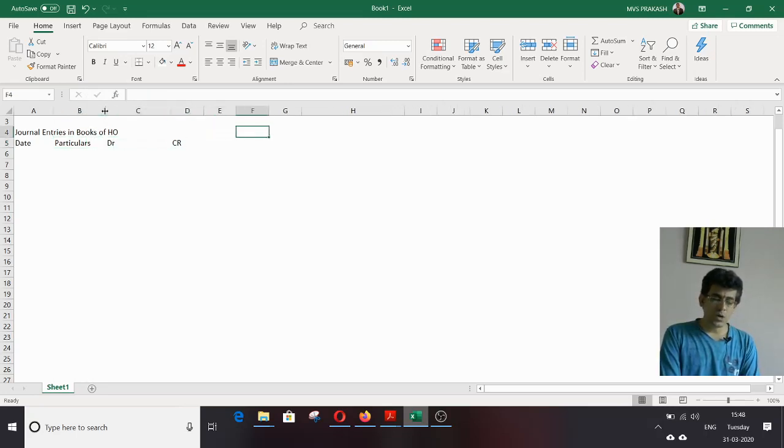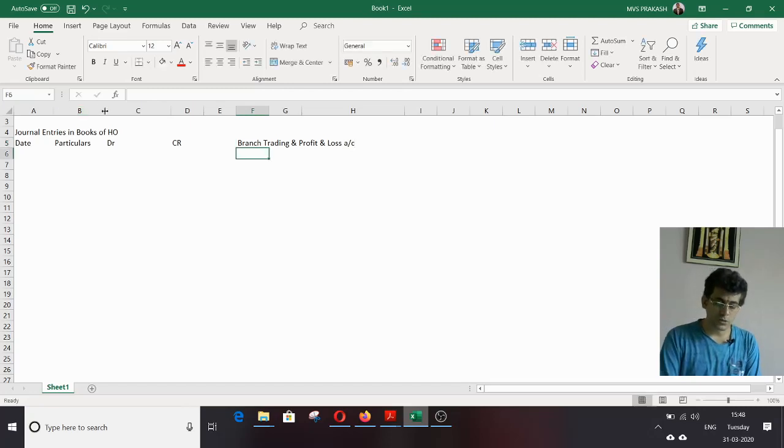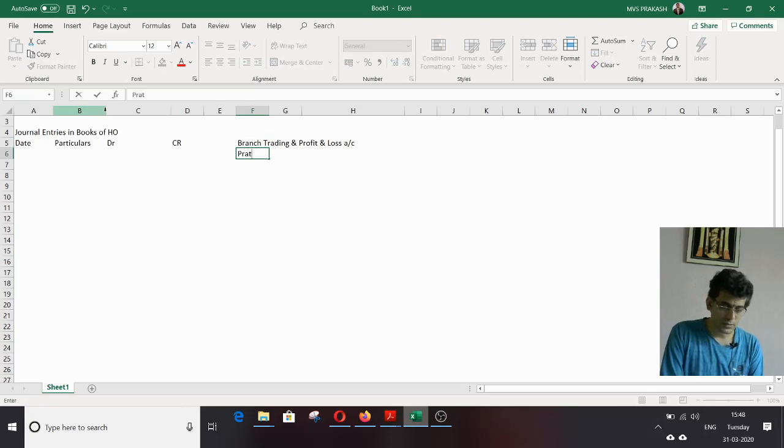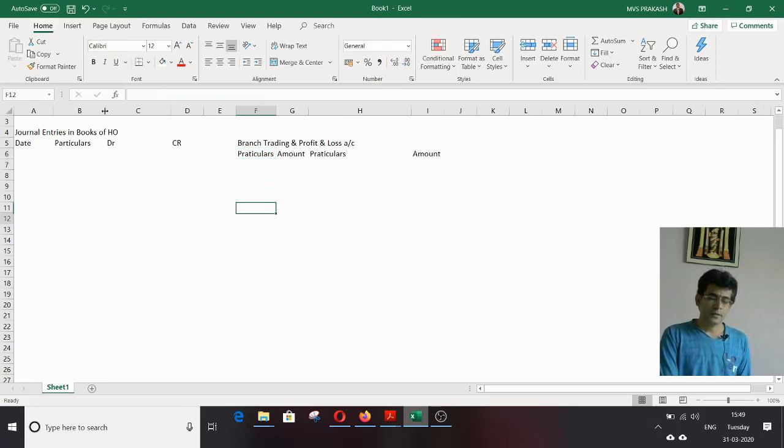He is also asking you to prepare branch trading and profit and loss account. Okay, branch trading account you are supposed to prepare, branch profit and loss account also you are supposed to prepare. So for this I need to take particulars, amount in rupees, particulars, amount in rupees. This we need to prepare the trading account as well as the profit and loss account.